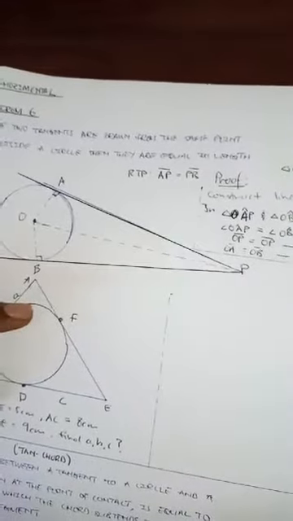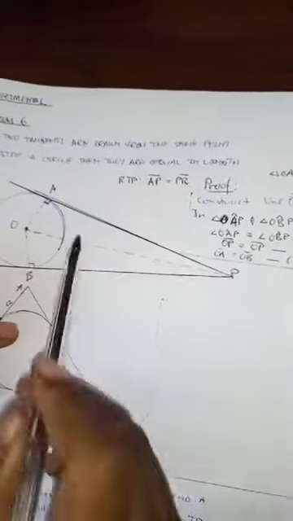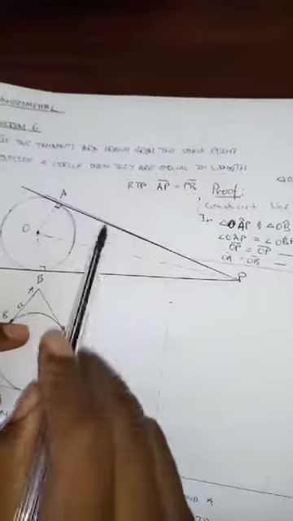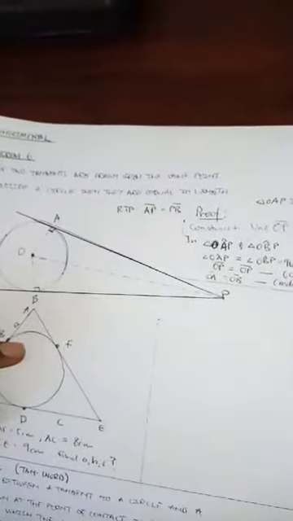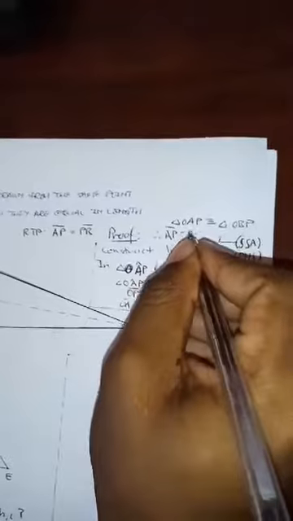So now we have that these two triangles are congruent, right? If these two triangles are congruent using this side, those two sides, and the angle, which other side is now left out, it's AP and PB. And from the congruence of these two triangles, therefore, we have that AP must be equal to PB.